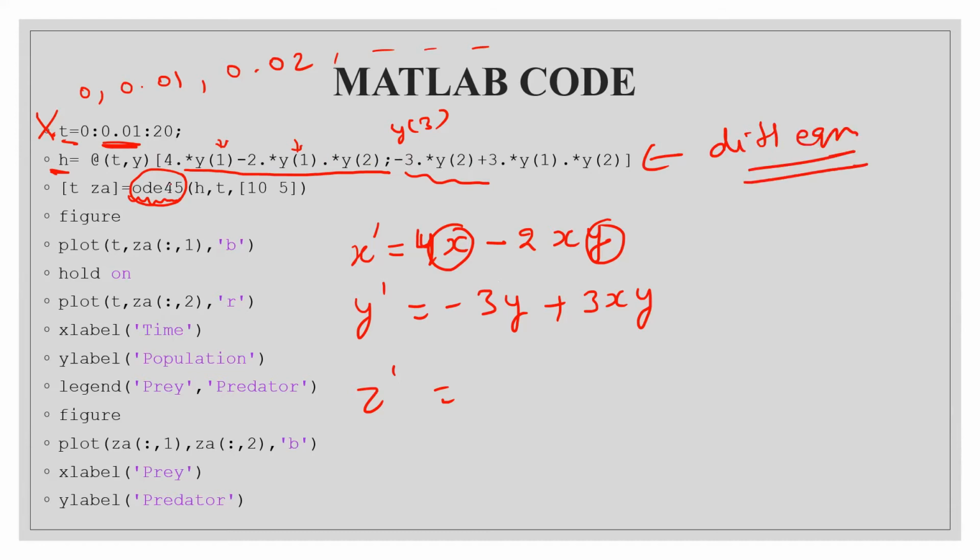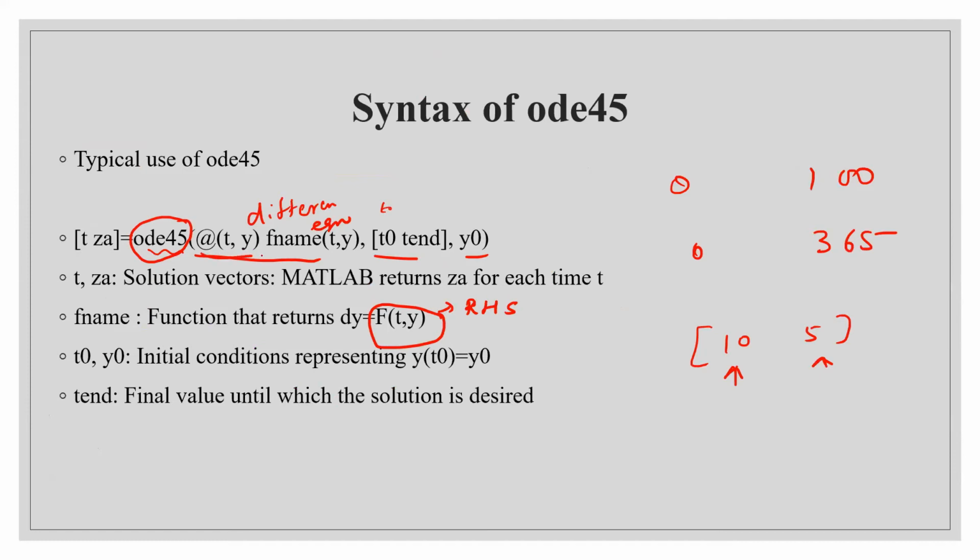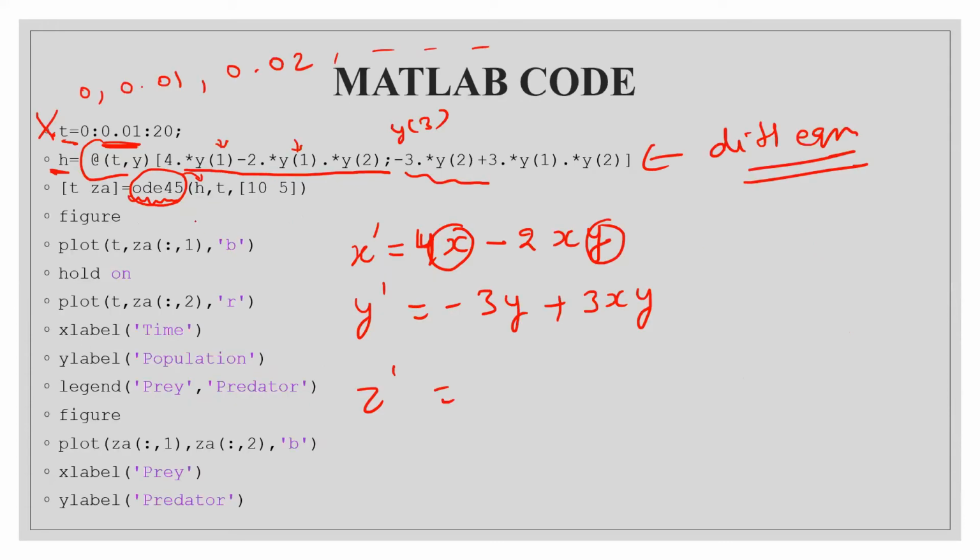And this ODE45 is taking 3 input arguments. This h is what I have written above, and then I have written h over here. So this h will be called over here, and then this time t is 0 to 20, and this is our initial condition 10, 5, right?